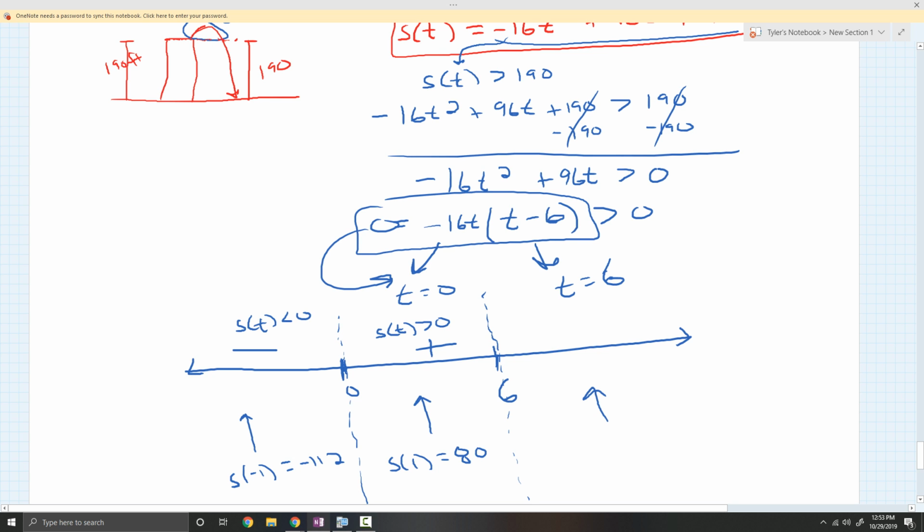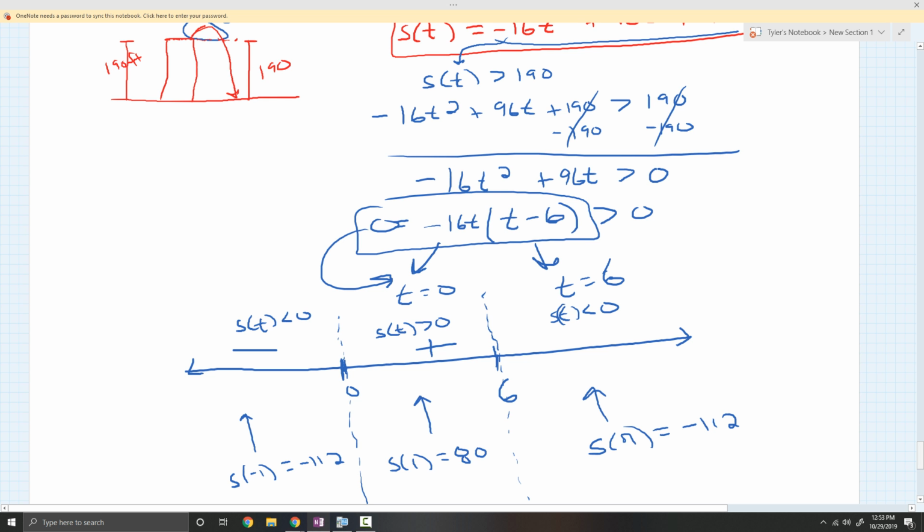I get in the habit of using the f function too much. We're using the s function. If you plug in 7 into s, I got negative 112. So in this region, s of t is less than 0.